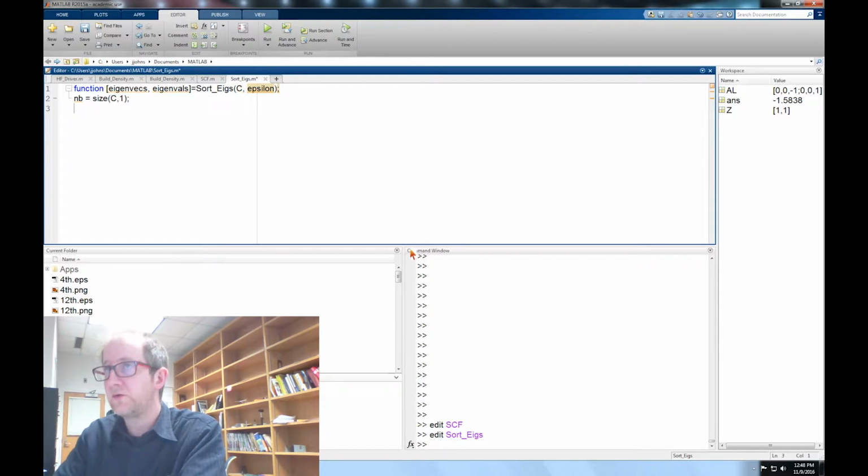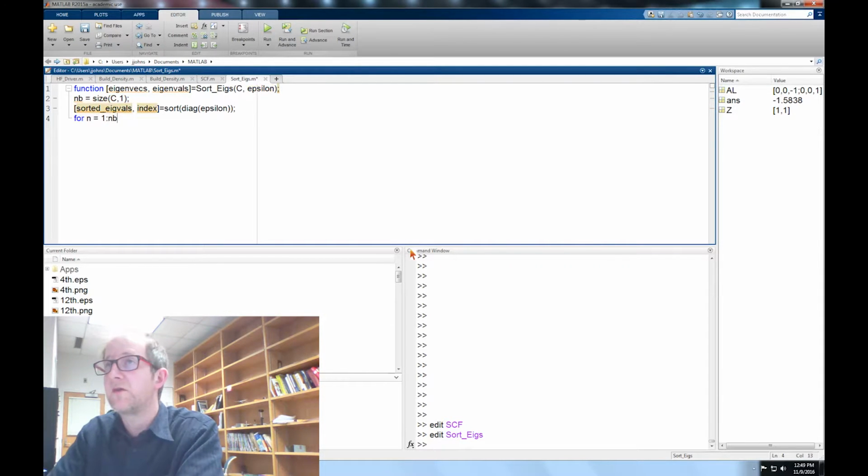Now we need to use the sort command for MATLAB. We're going to have it return the sorted vector, sorted eigvals, and an index to let us know what their order is, equals sort diag epsilon.